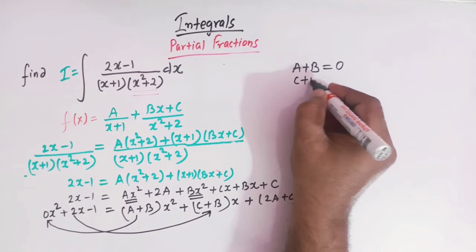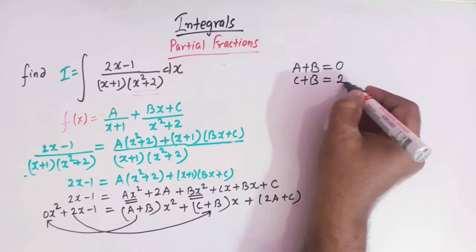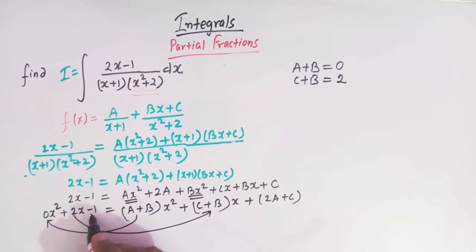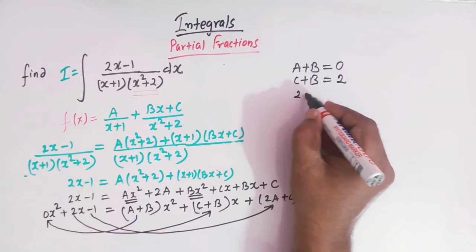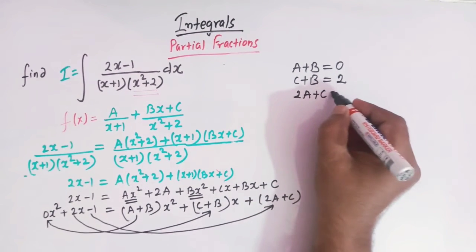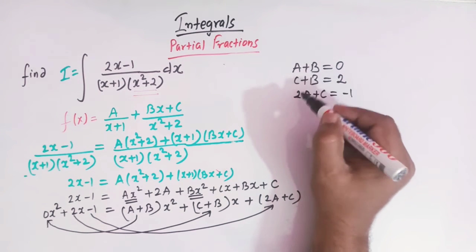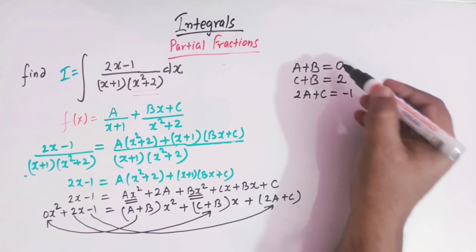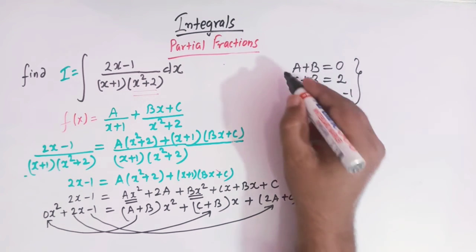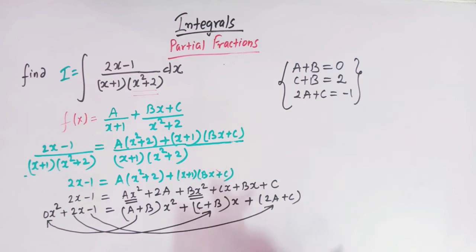So c plus b is equal to 2, and the constant term is minus 1, right? So we have 2a plus c is equal to minus 1, right? So now here we have three variables a, b, c, and three equations, right? So now we can solve these three equations to get the value of a, b and c.